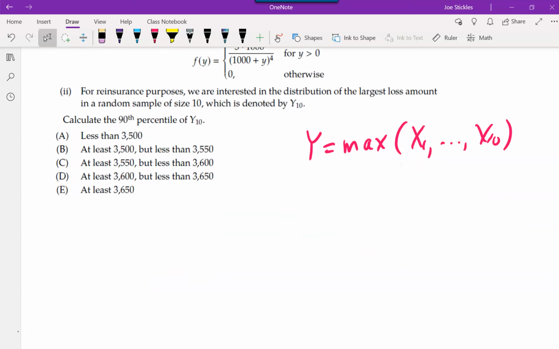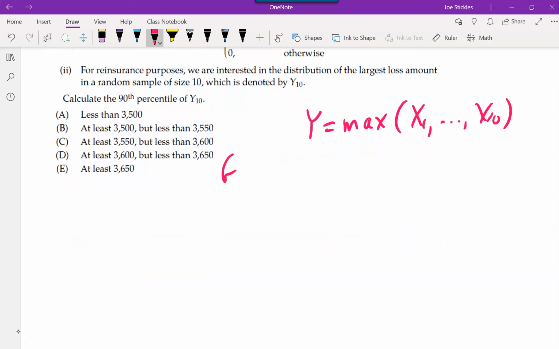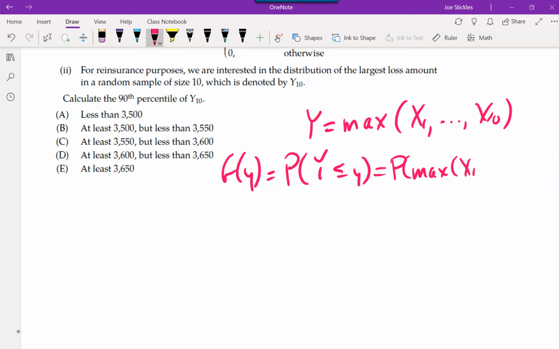So if I want to do the CDF, I want to know that the maximum of the x's is less than or equal to little y. Well, if the biggest has to be less than or equal to little y, what has to be true about all of them?